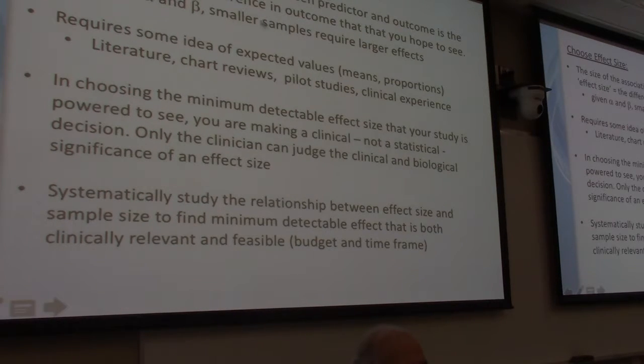I should have written smaller samples. I should have written smaller differences. Actually it is correct. Smaller sample sizes are limited in their power to discriminate or discern differences. And so if you have a small sample size, you are able to see only larger effects. And that'll become clear in a moment.